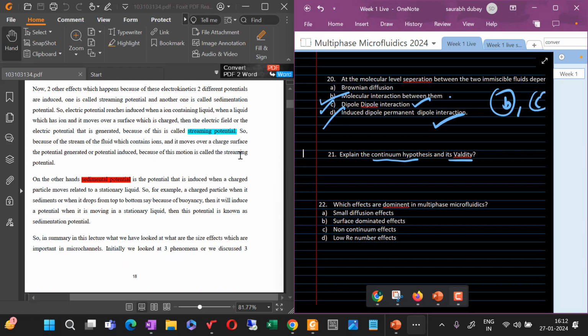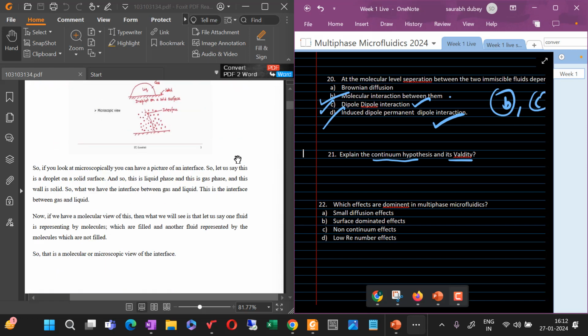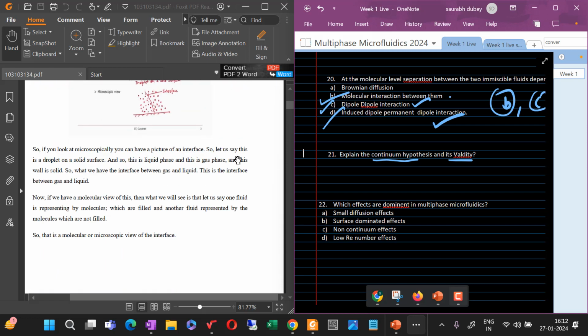In this case, what does the word amphiphilic mean? Can you search it? Amphiphilic means having both characteristics, as far as I can relate to the word.